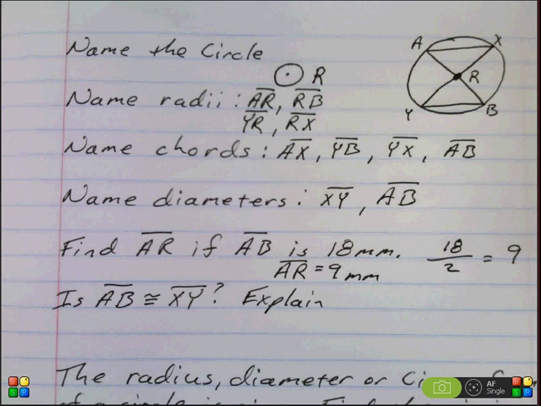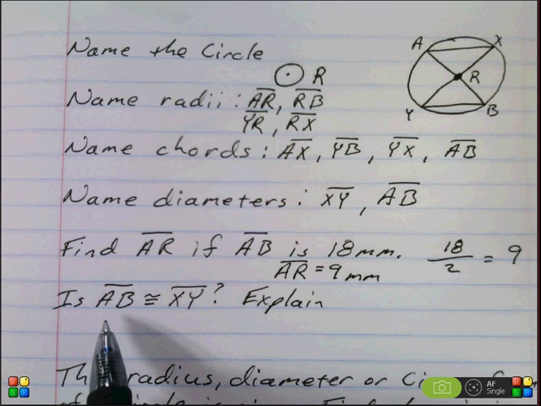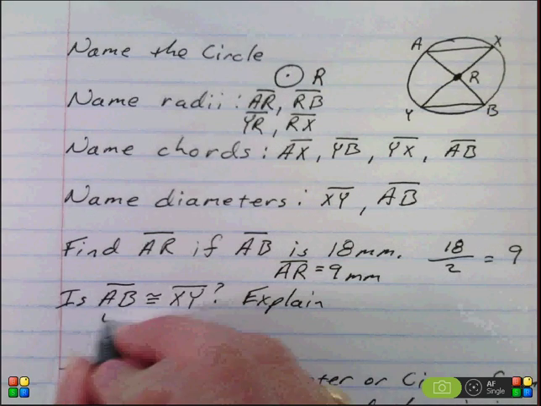Then the next one says, is AB congruent to XY? And explain. Are those congruent to each other? Well, AB is a diameter. XY is a diameter. If it's in the same circle, are those going to be congruent to each other? Yes.